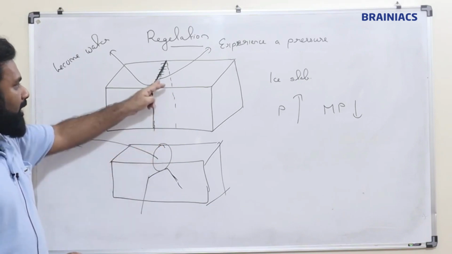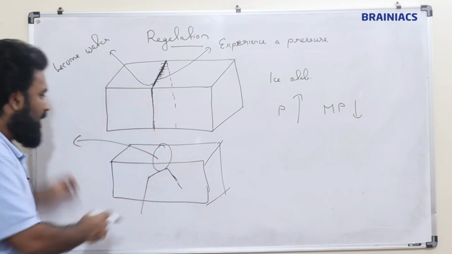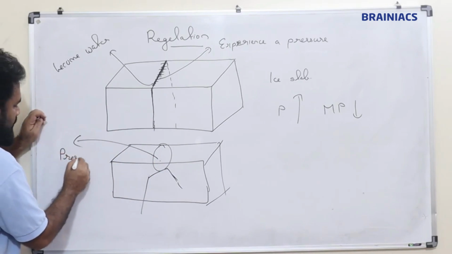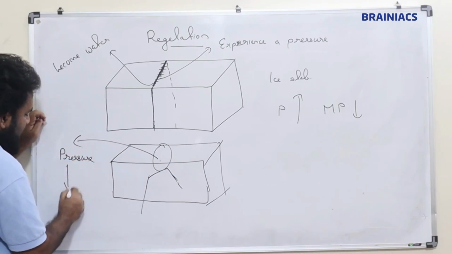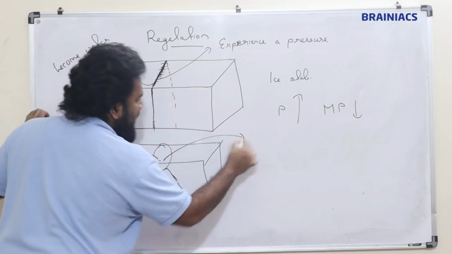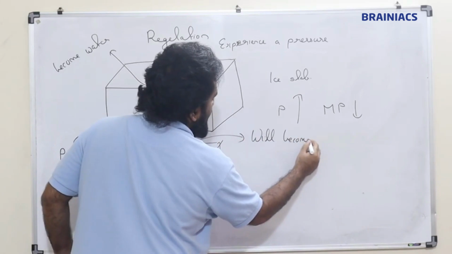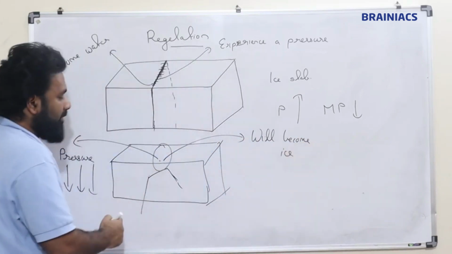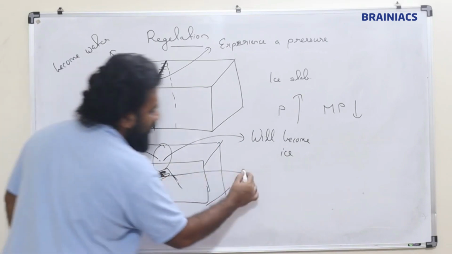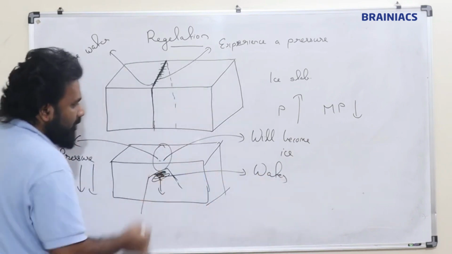The pressure on the upper part of the string decreases, so that part will become ice again. This will become ice. Likewise, the part below the string will become water, and the string will come down.